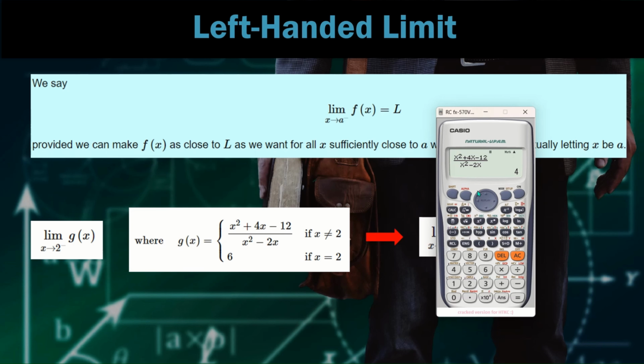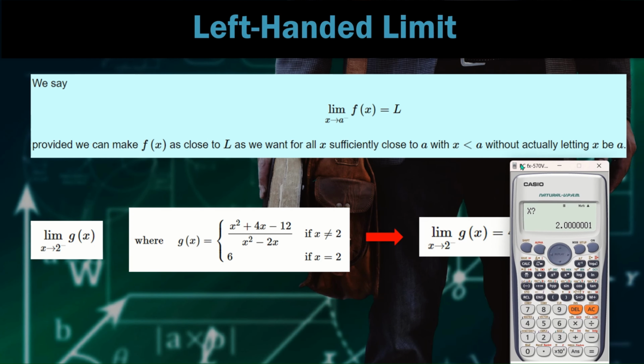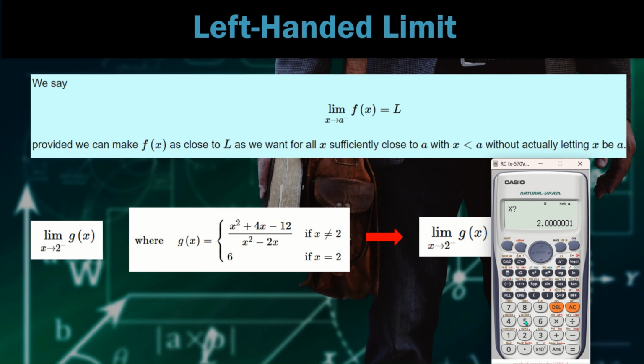Okay, here we have our calculator, so we need to have a value. It should be less than a, so we'll use a value less than a. Say for example 1.99, so we'll have here a value which is 4.01. Okay, let's approach that value. Say for example that one.